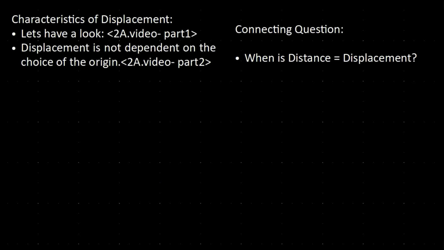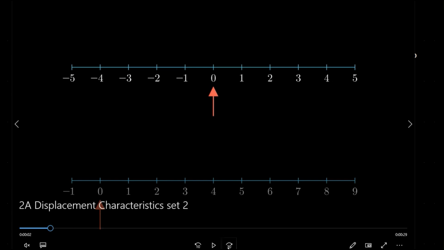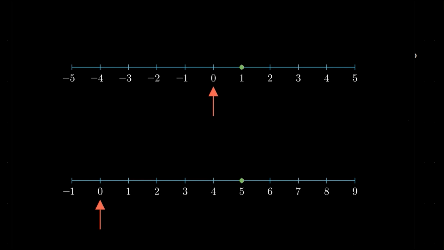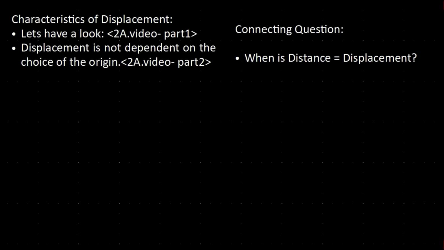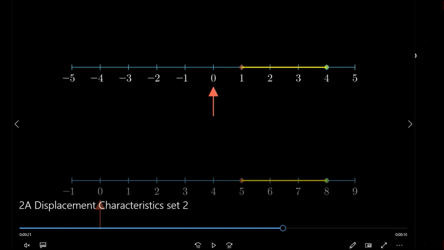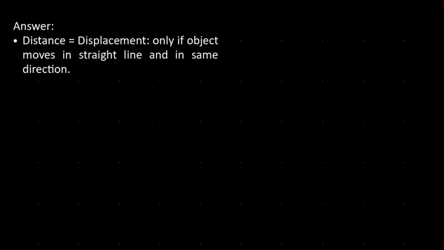This is to do with the next point, that is displacement is not dependent on the choice of origin. Okay, so that's that. So you can draw this itself actually. And yeah, for that point. Again, guys, all this will add up. In time, it will add up. Okay. And when is distance equal to displacement? It's a simple question.